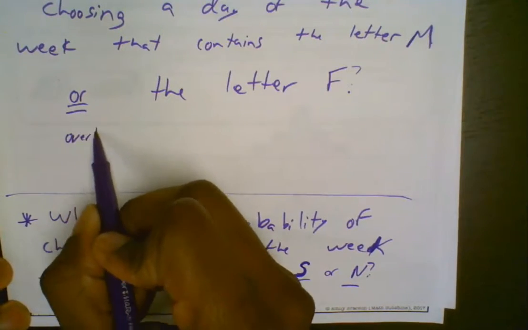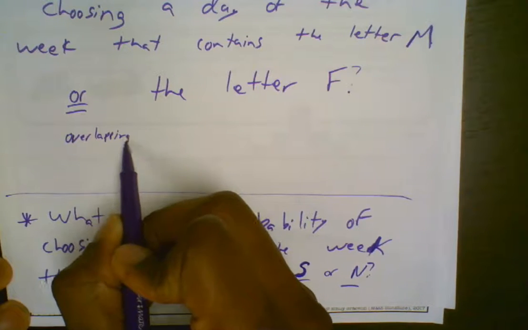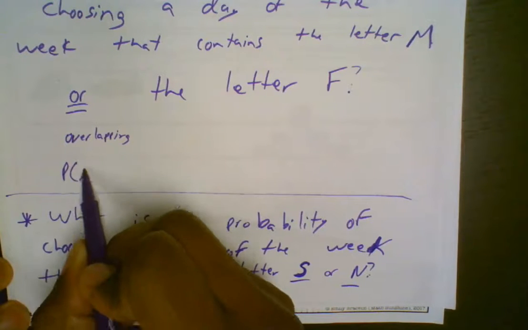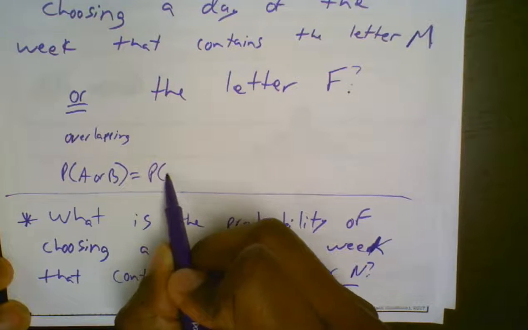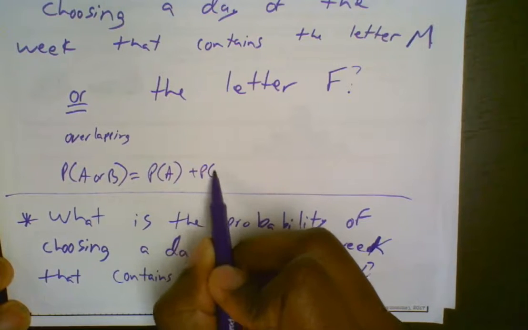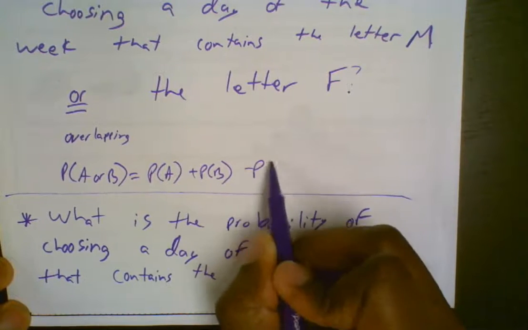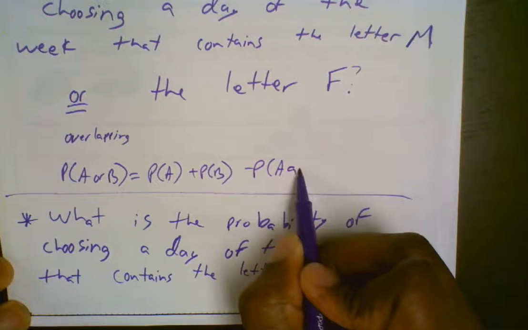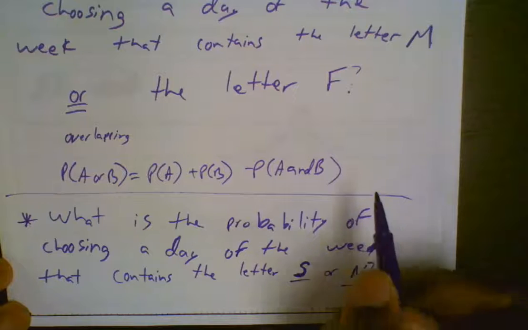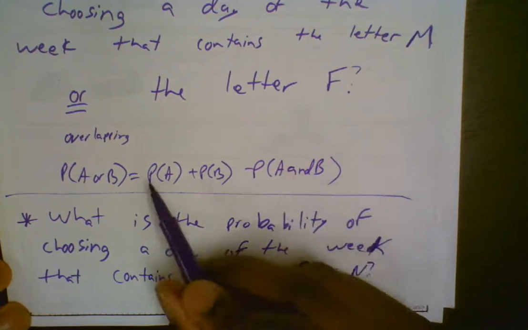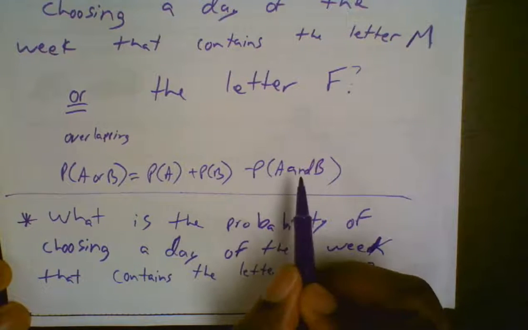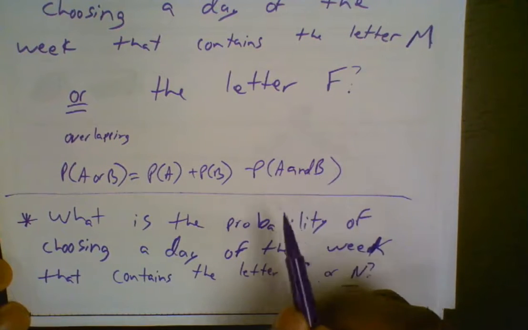The probability of A or B is the probability of A plus the probability of B, take away the probability of the ones that overlap, A and B. Because some overlap and are in both sections, we don't want to count them twice, so we subtract them out.